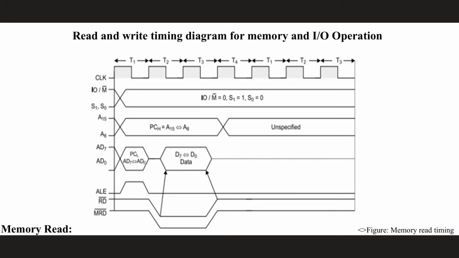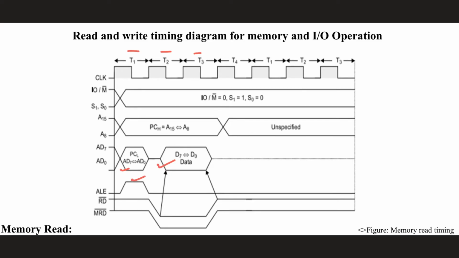Now, memory read cycle or memory write cycle or IO read cycle or IO write cycle, all of these take 3 T states. And just like the opcode fetch machine cycle, AD0 to AD7 will contain address in T1, and now it will contain data between T2 and T3 T states. ALE will be high during T1 only.